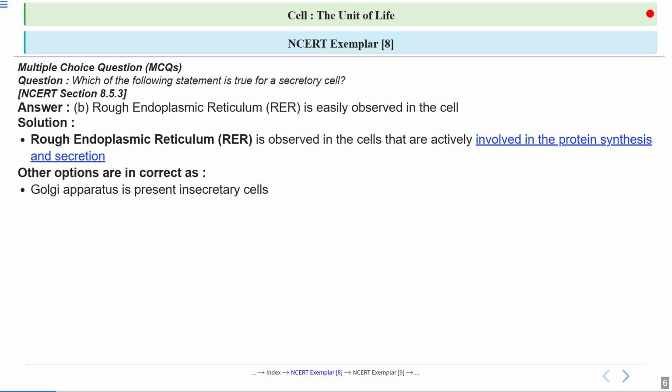Golgi apparatus is present in secretory cells, right? They are also confined to the secretory functions. Secretory cell has both SER and RER. So both are there. There will be smooth endoplasmic reticulum, because one of the major functions of the smooth endoplasmic reticulum is to make hormones, right?